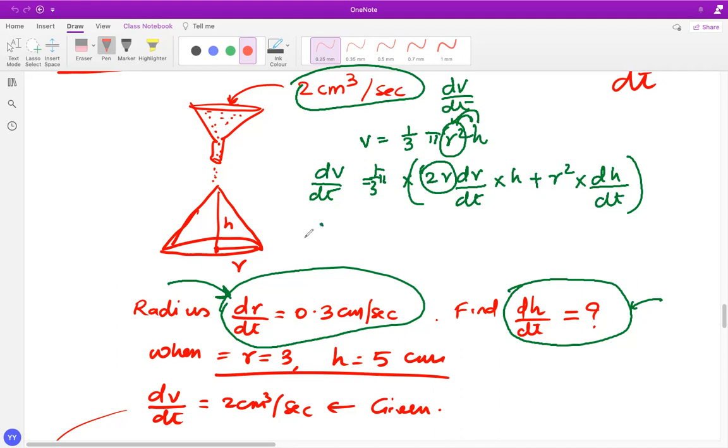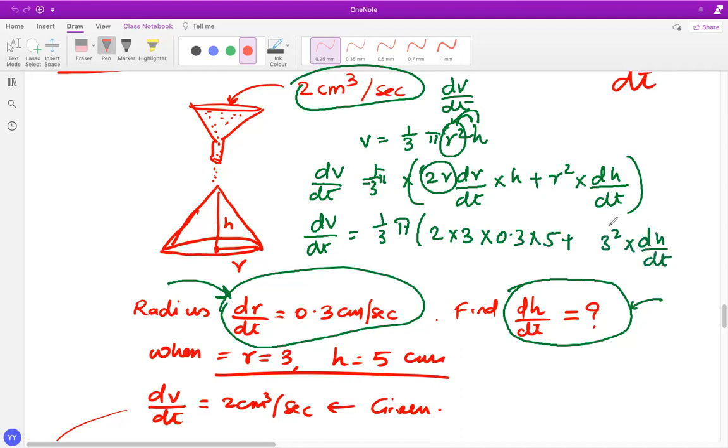So dv by dt here will be 1/3 pi times 2 times radius, which is 3, times dr by dt, which is 0.3, times h, which is 5, plus 3 square times dh by dt.